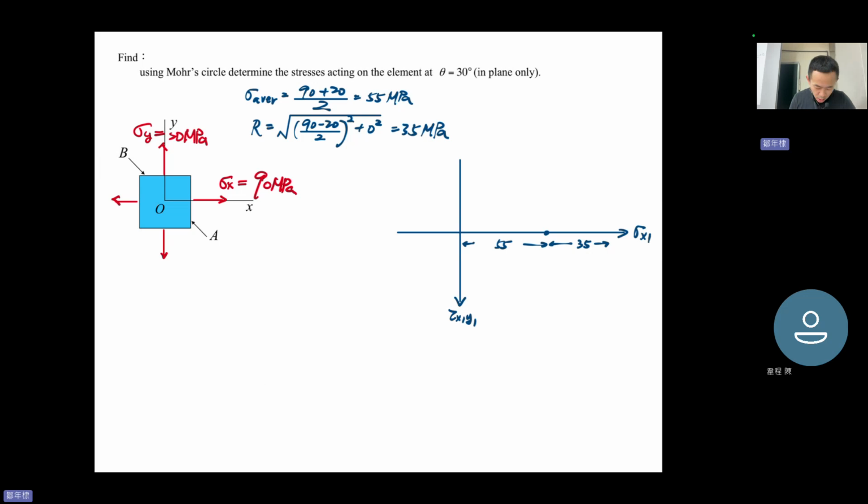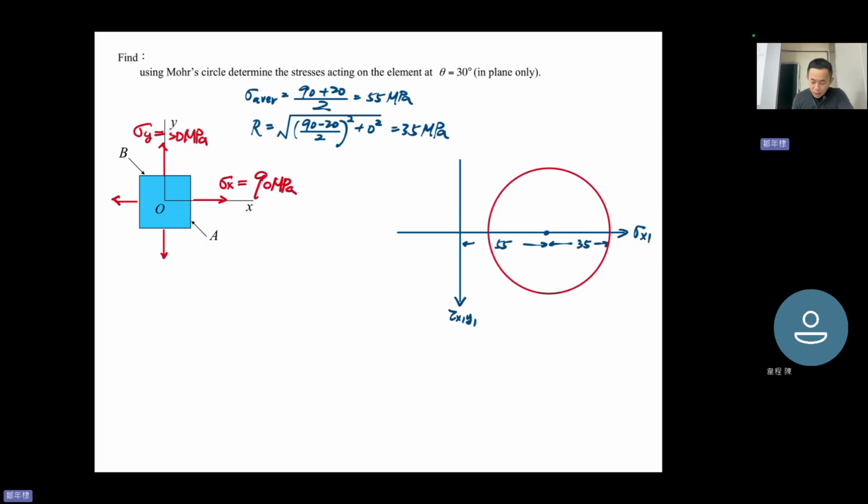Okay, so now the Mohr circle is here. That's your Mohr circle, defined by the center, sigma average 55 MPa, and R equals 35 MPa.